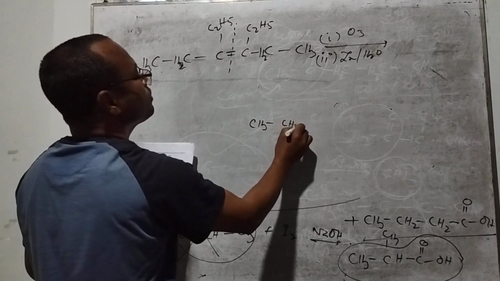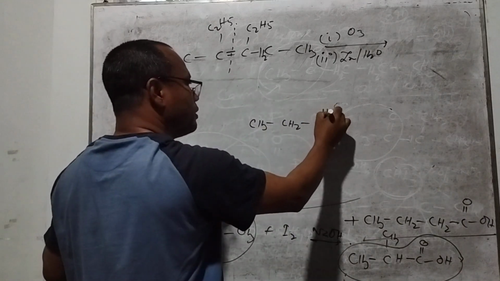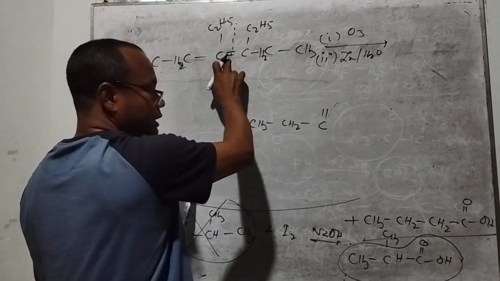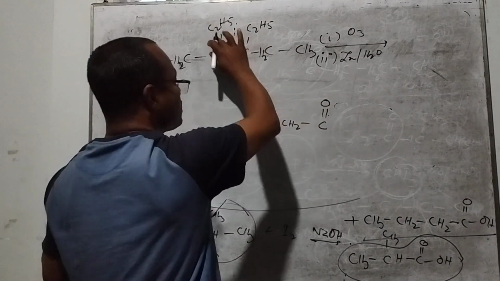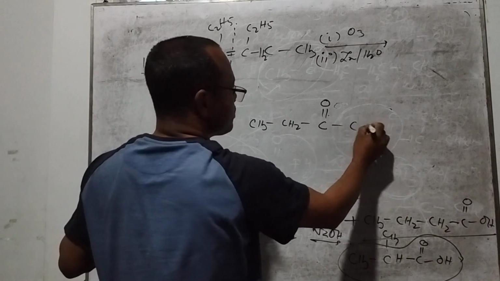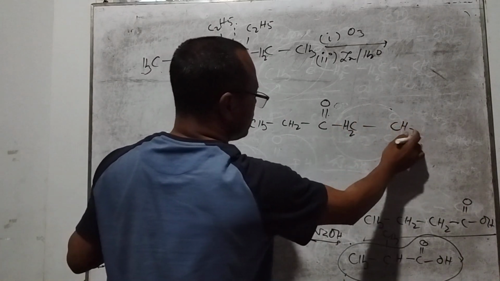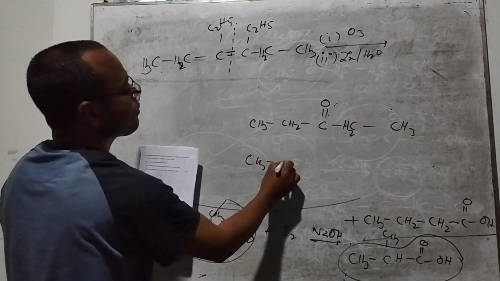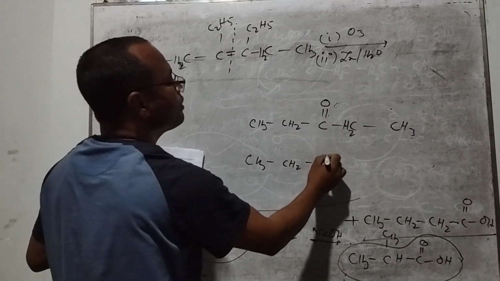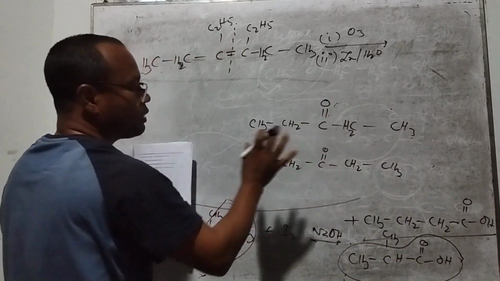CH3, CH2, C, that is the C I showed you here, and the remaining part is C2H5. So here will be 2, here will be 3. The same part is found on both sides, so we get the same compound.